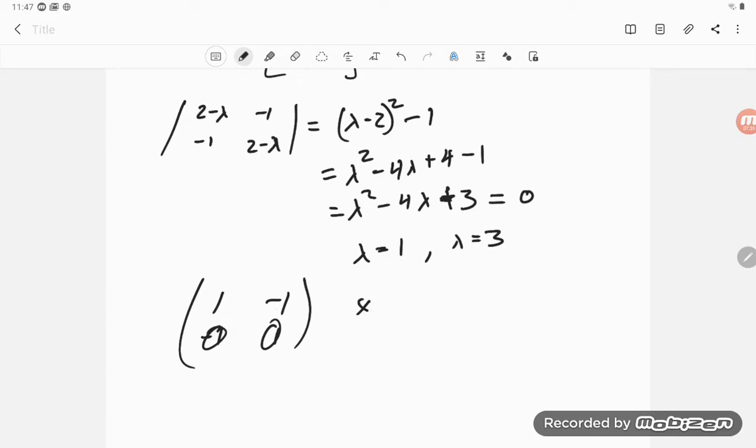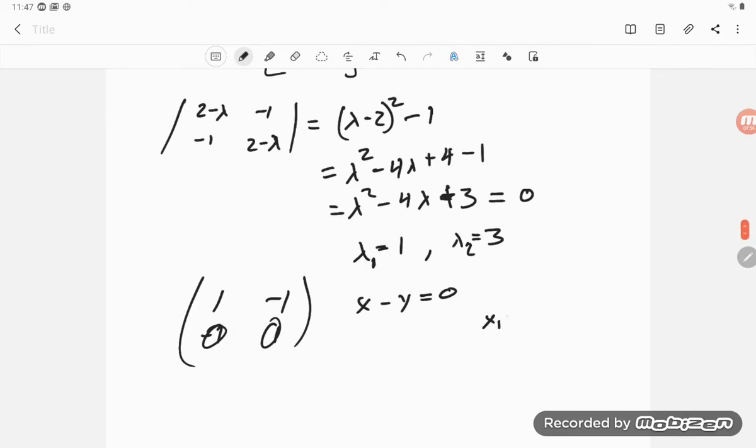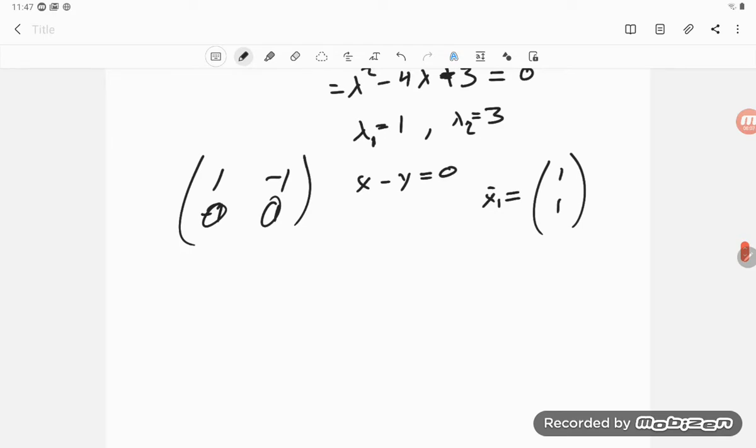I have x minus y equals 0 if I am trying to solve the homogeneous case of this. So x equals y. So I'll go back here and call that lambda 1 and that lambda 2. So x_1 is equal to (1, 1). That's a perfectly good thing to use there.